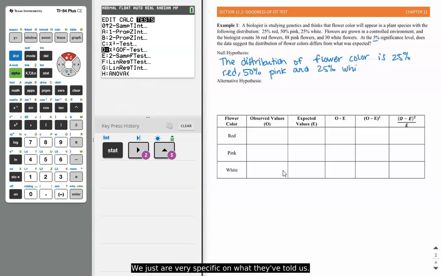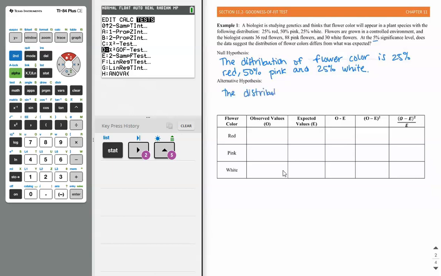So we are very specific on what they've told us. Now, for the alternative hypothesis, we just say the distribution of flower color is not what we expect. So the distribution of flower color is not as expected.